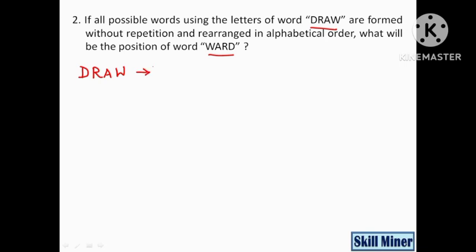In how many possibilities can we arrange this word? That is 4 factorial, which is 4 into 3 into 2 into 1, equal to 24. In 24 methods we can rearrange the word DRAW.